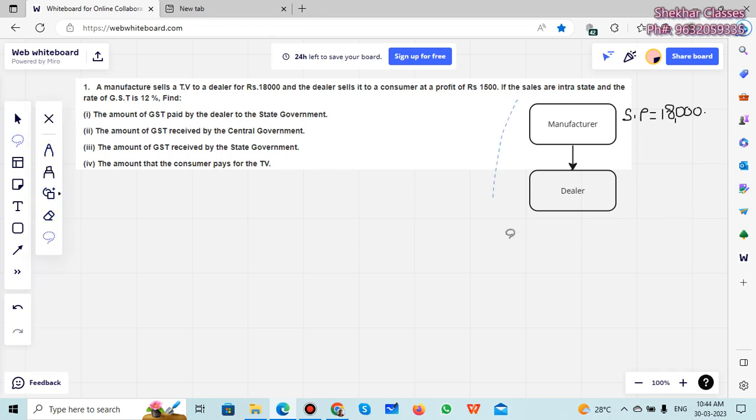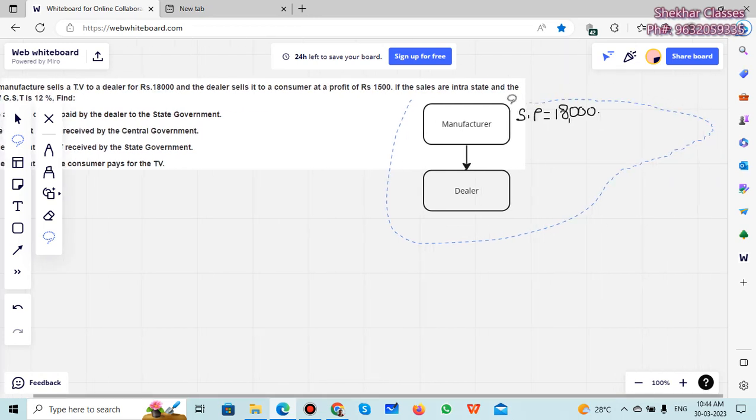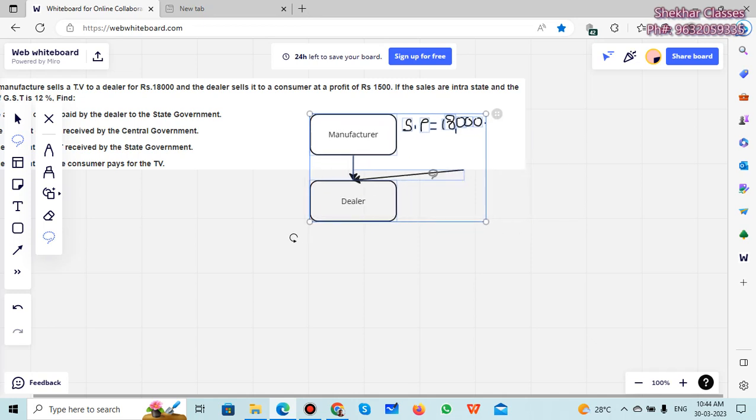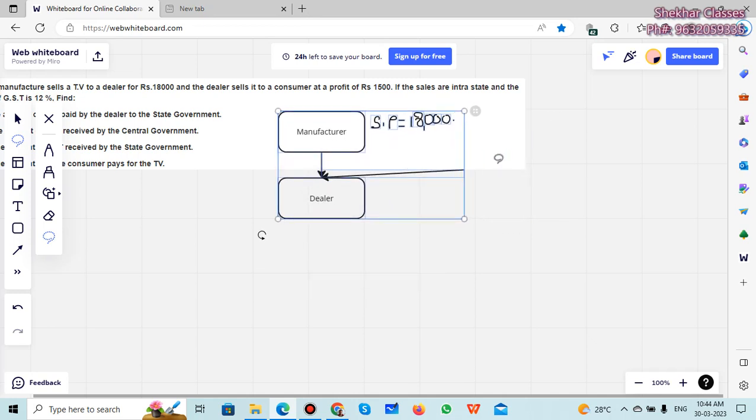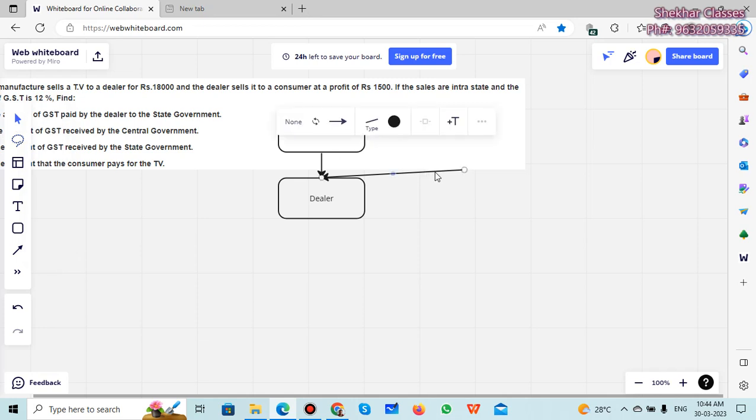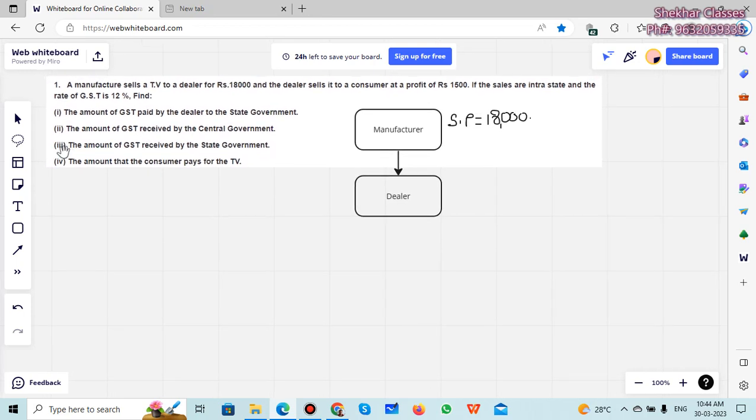See, this is very important so that you understand this. Now, after this, what is happening here? We have to find out how much is the amount that will go.